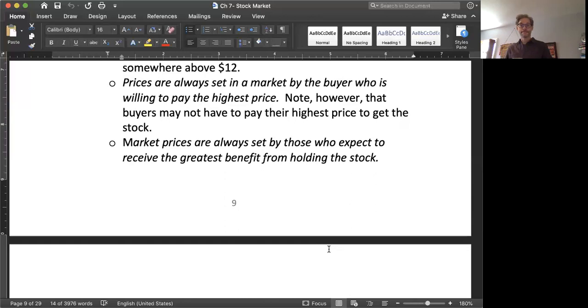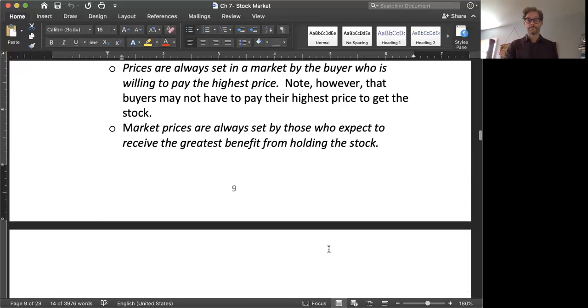And so what that means is that market prices in some sense are always set by those who expect to receive the greatest benefit from holding a stock. So if you think a stock doesn't fit into your portfolio very well, then you are not going to be the person buying it, right? Stocks are going to be bought by those who think that they're going to get the biggest benefit from holding the stock, meaning they either have the highest expectation of the future performance of the company, or that they think it fits best into their portfolio.